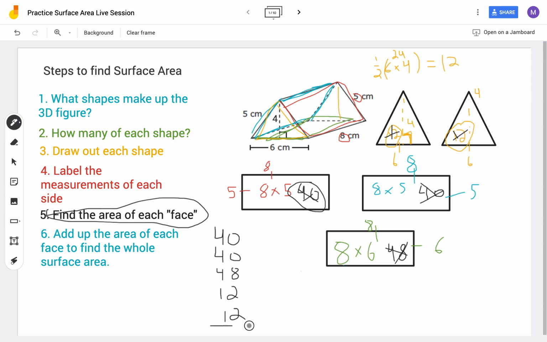Then I have to add all of these up. In the chat box, whenever you get the answer, would you please type it in? I'll give you all a minute to work that out.